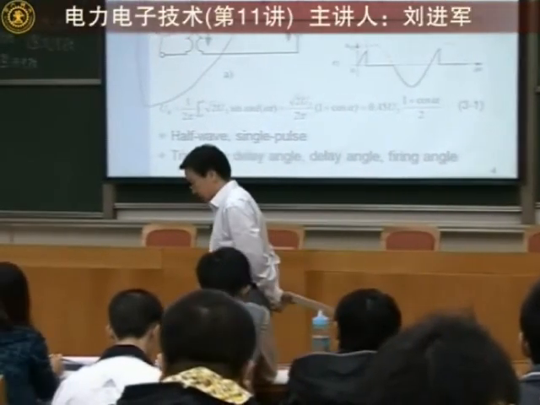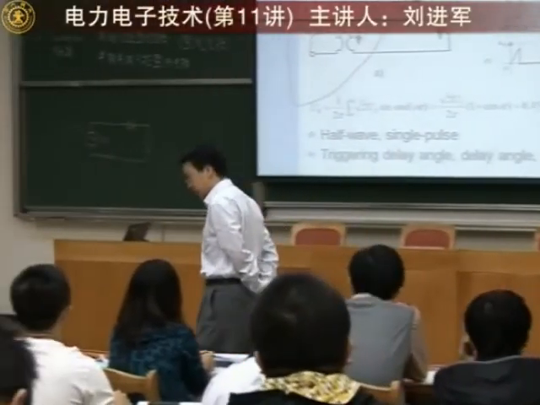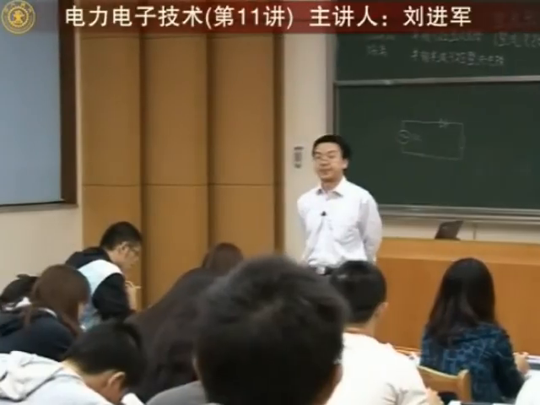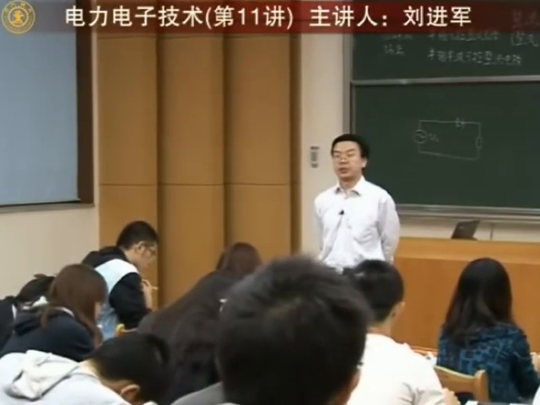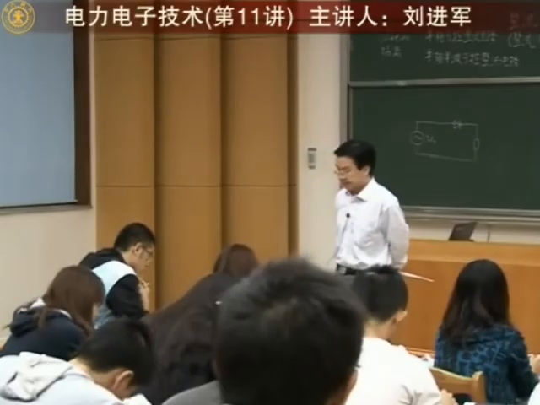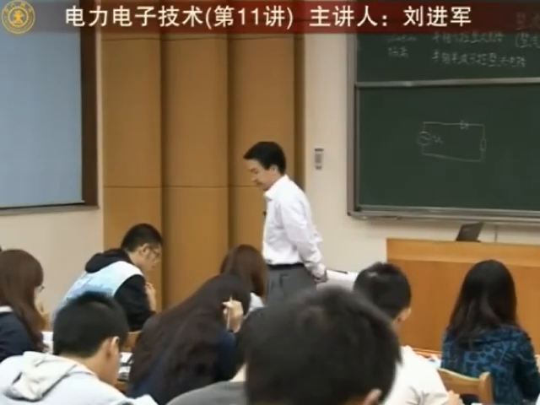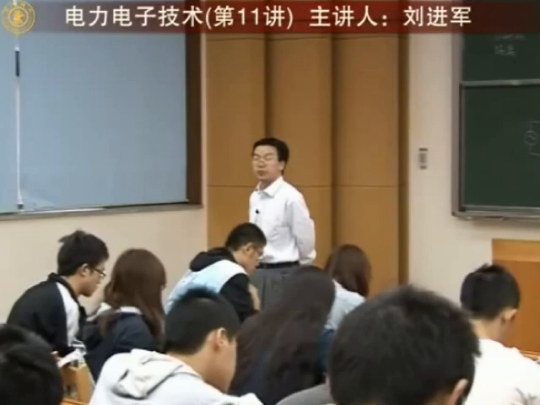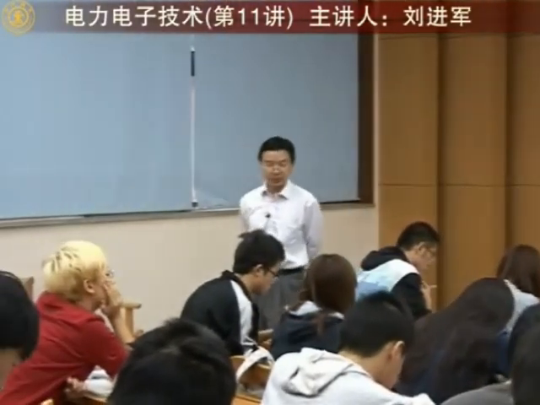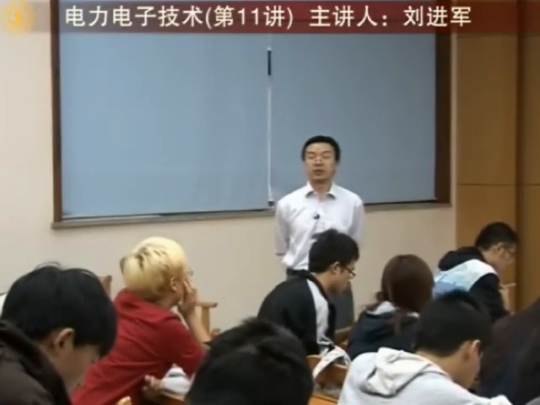When we talk about the characteristics of the thyristor, especially the static characteristics, did we mention the characteristics of thyristor is very similar to what? The most similar one is what? Diode, yes.